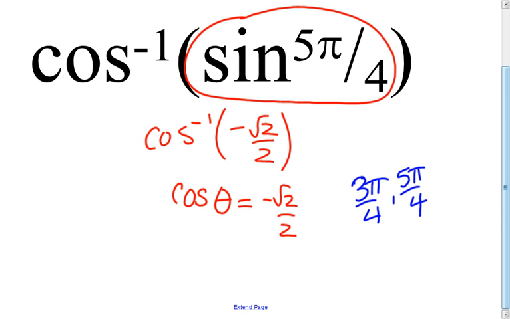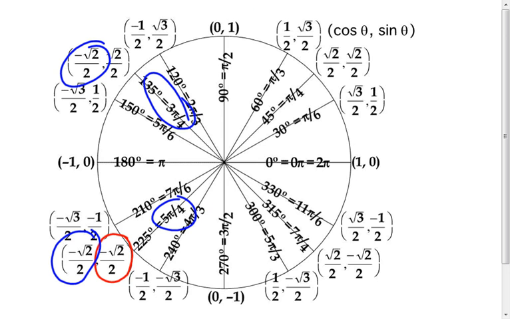And again, I need to figure out which one is in the restricted interval and which one's not. Notice that the -1 symbol is above the cosine. That means you're going to use cosine's restricted intervals here, not sine. If you look at the top of your notes there, you'll see that cosine is restricted to between 0 and pi, so cosine has to be between here and here.